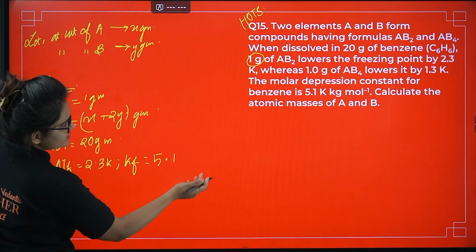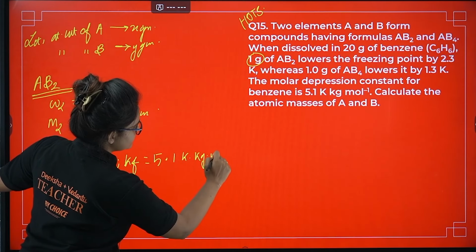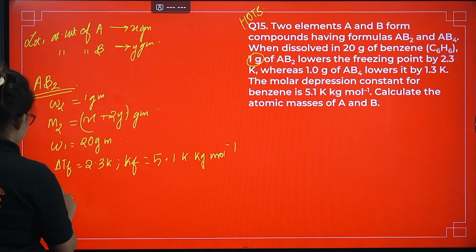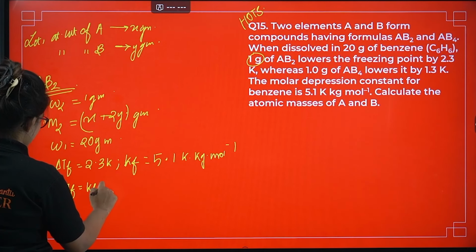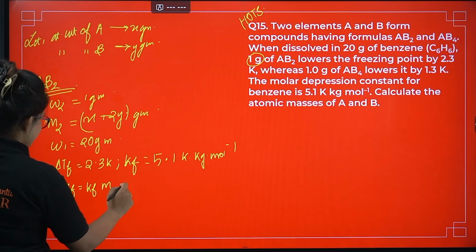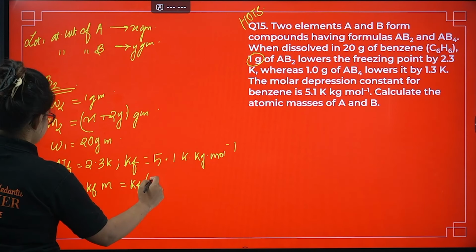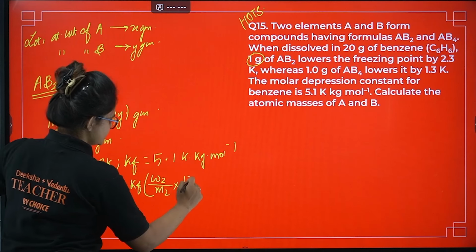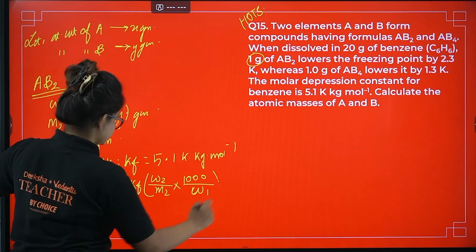Definitely you can write the units here. Let's go ahead. If you put the formula here, delta TF is going to be Kf into m. So I can write Kf into molality, that is W2 by M2 into 1000 divided by W1.